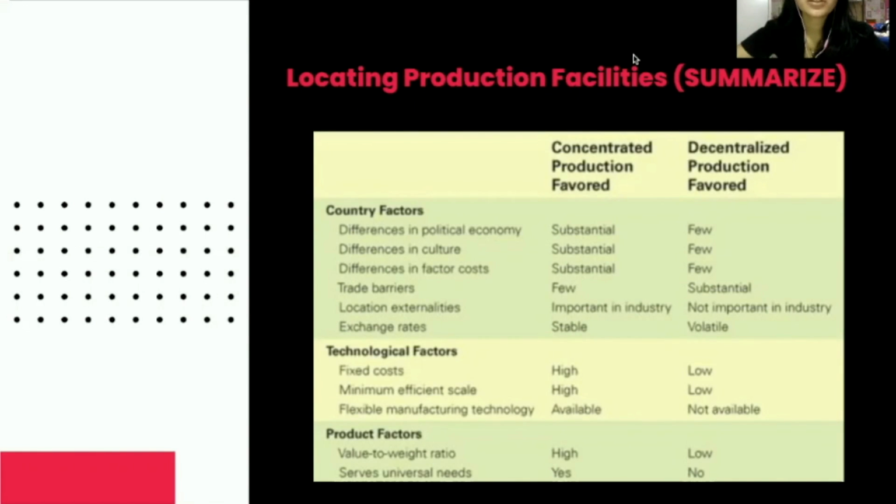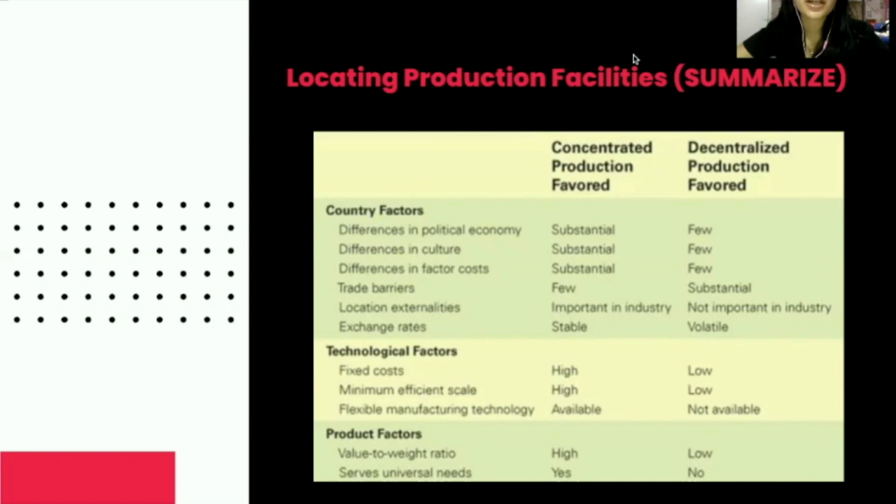As this table shows, concentration of production makes more sense when differences between countries in factor cost, political economy, and culture have a substantial impact on the cost of manufacturing in various countries. Second, trade barriers are low. Third, externalities arising from the concentration of like enterprises favor certain locations.